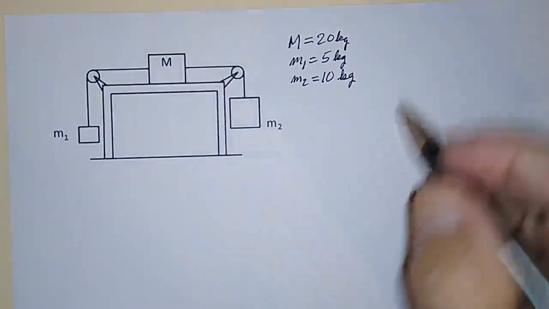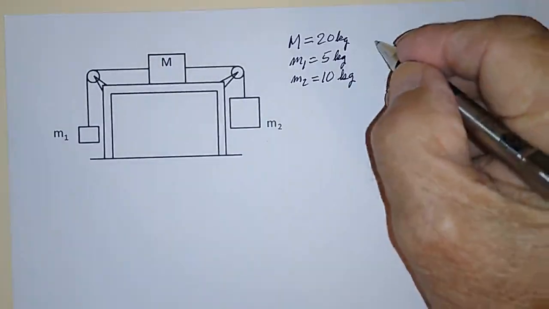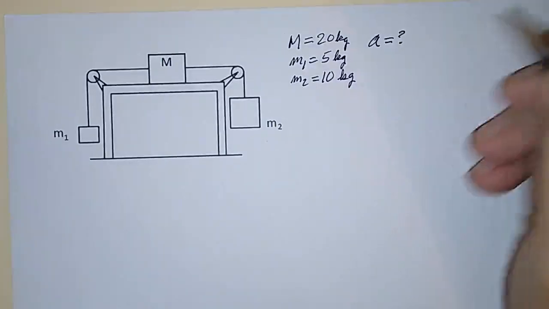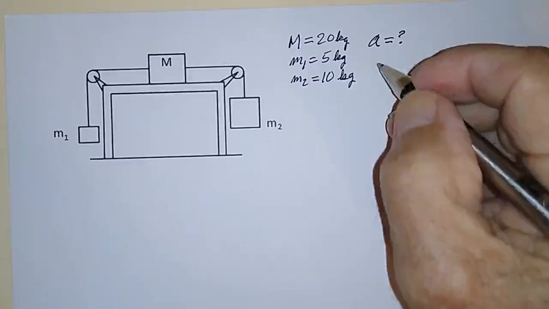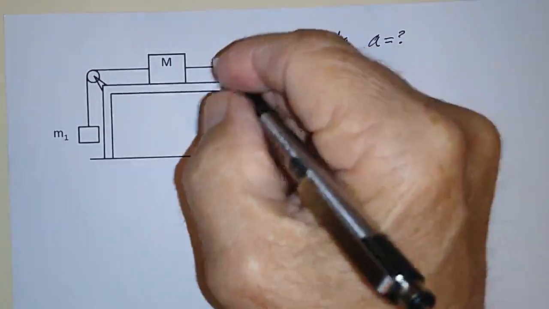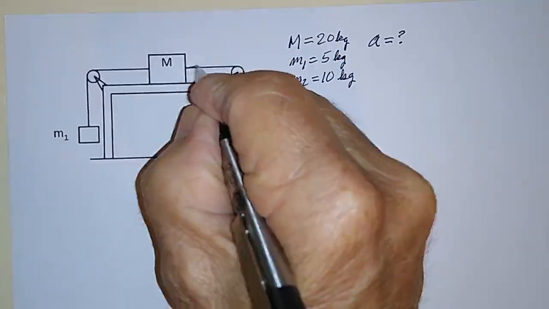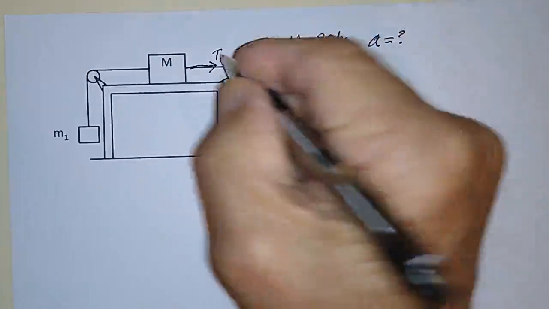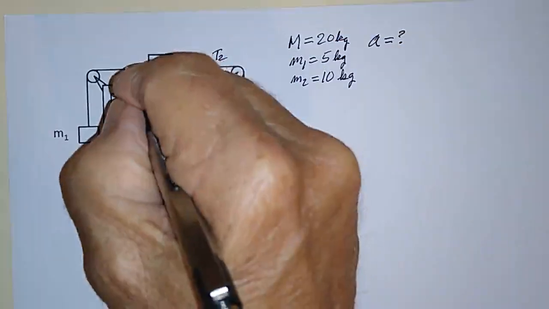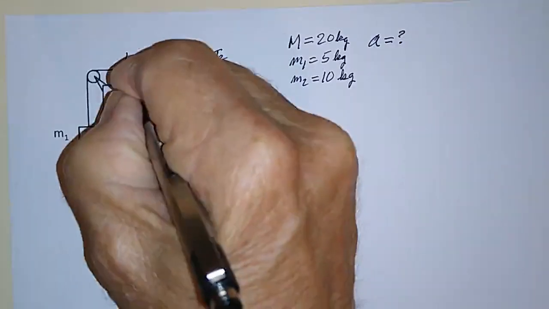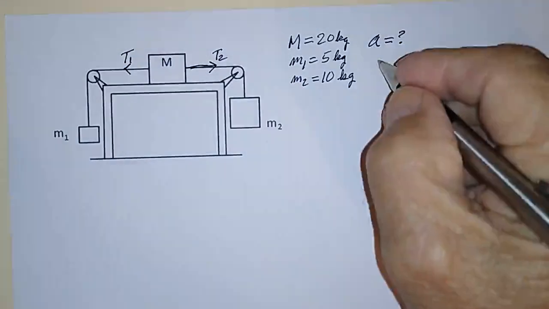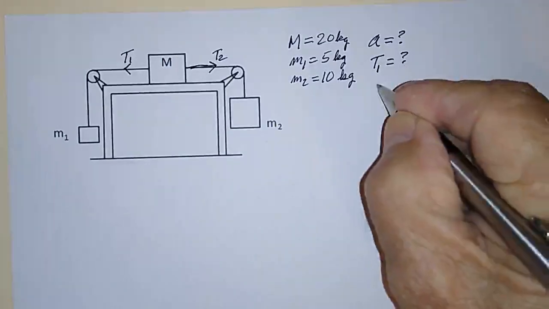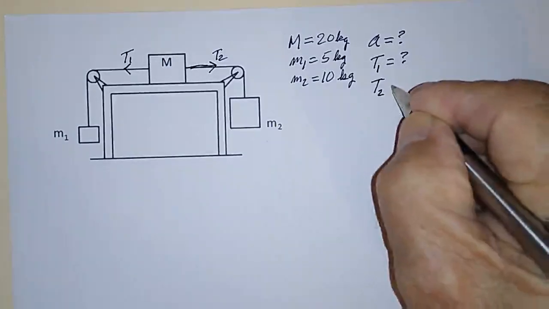What I want to find out is the acceleration, and the tension in the cords. The tension here I'll call T2, and this one over here T1. So I want to find out T1, and I want to find out T2.